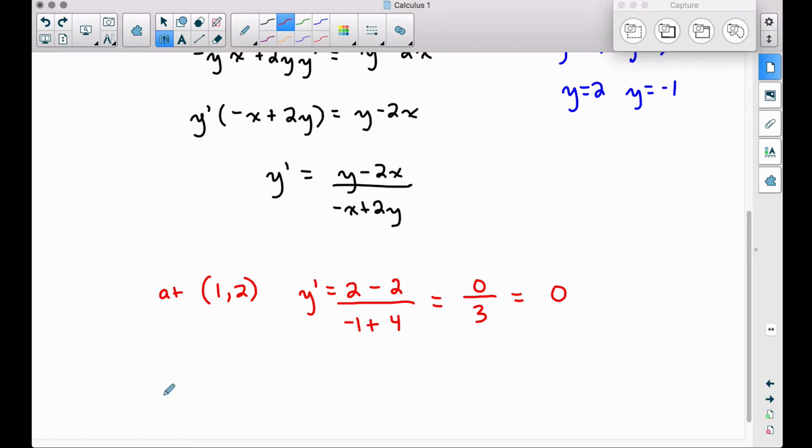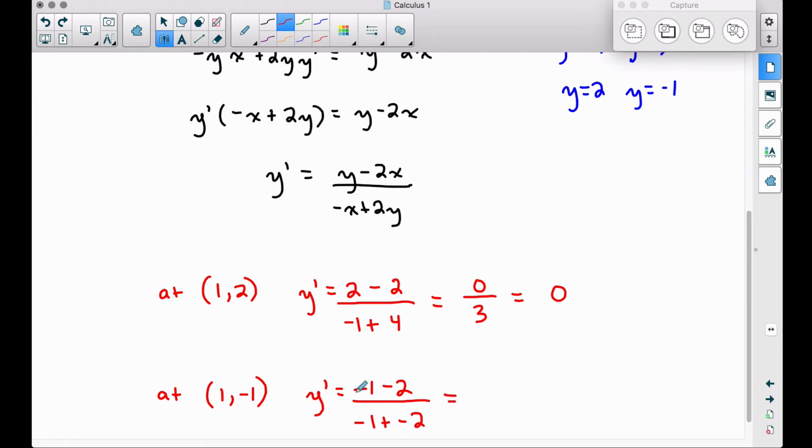Let's go ahead and repeat this for the point (1, negative 1). So very similar, plugging in 1 into x's and the negative 1 into the y spots. Therefore, we have negative 1 minus 2 times a 1, that's minus 2, over negative x, so that's negative 1, plus 2 times y, well 2 times a negative 1 is a negative 2.